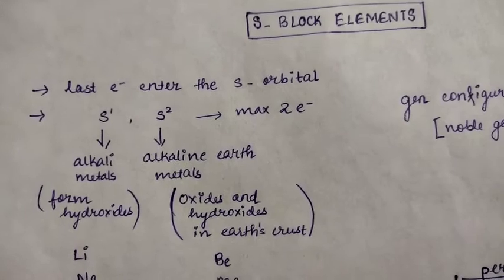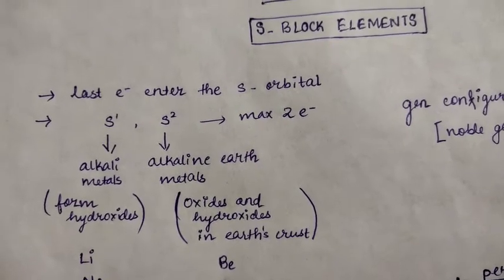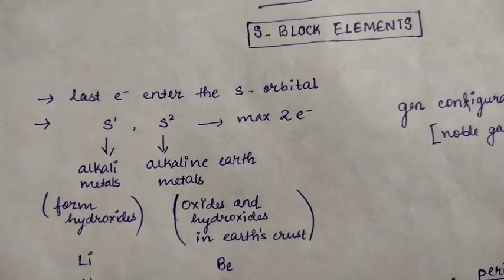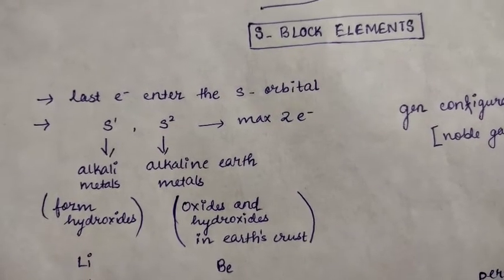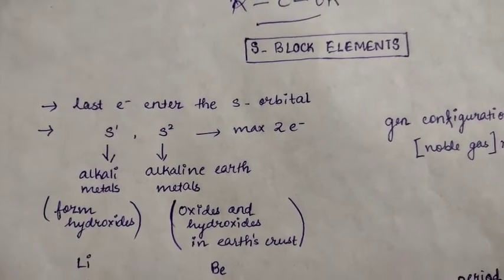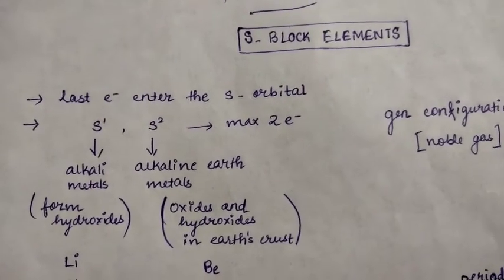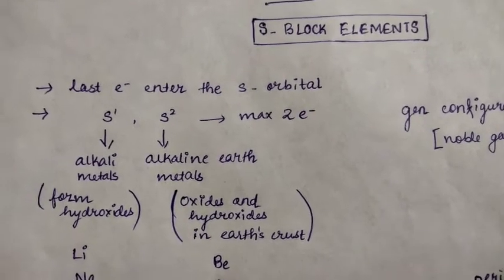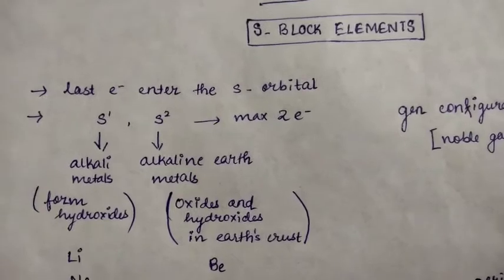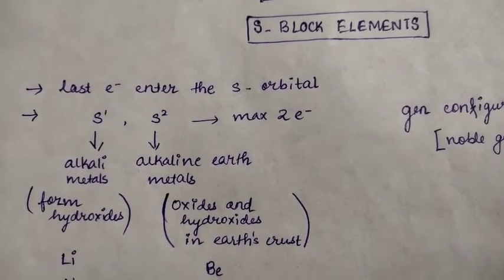Why do we say alkali metals? Because the last electron is entering the S and there is only 1 electron, but maximum S can have 2 electrons, you know that. So S2 is also possible, and those are known as the alkaline earth metals, okay? Maximum 2 electrons S can have.